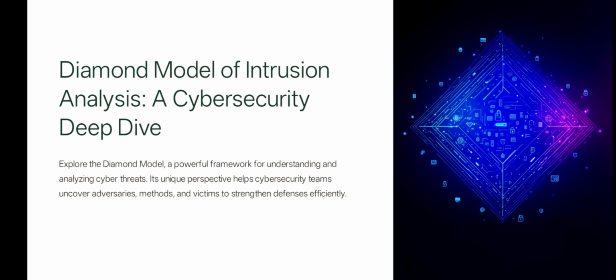5. Meta features and enrichment. Beyond the core four nodes, the Diamond Model incorporates meta features, attributes that enrich the context and enhance analysis. These include timestamp, when the event occurred. Phase, the stage of the kill chain, reconnaissance, delivery, exploitation, etc. Result, the outcome or effect of the event, e.g., data exfiltration.